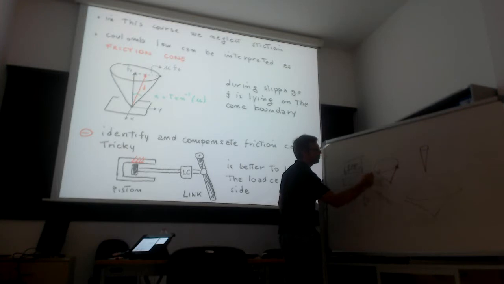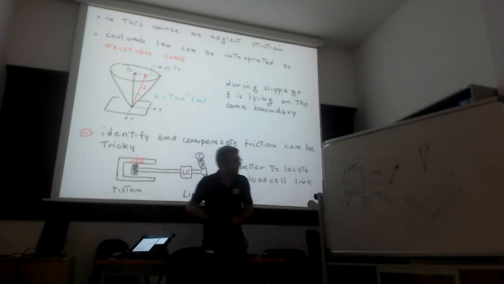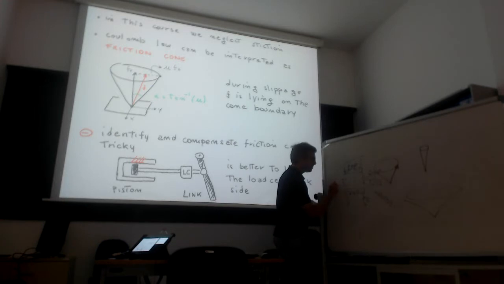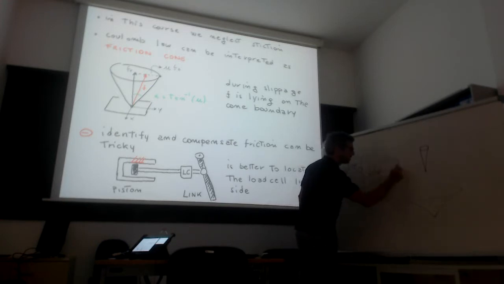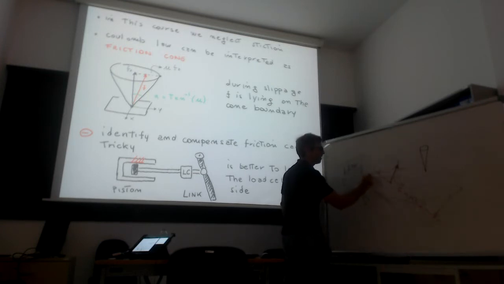And here you will have friction. So you control the current, but in the end, the torque that gets to the link will be, let's say, proportional to the current minus the friction torque that's happening here.